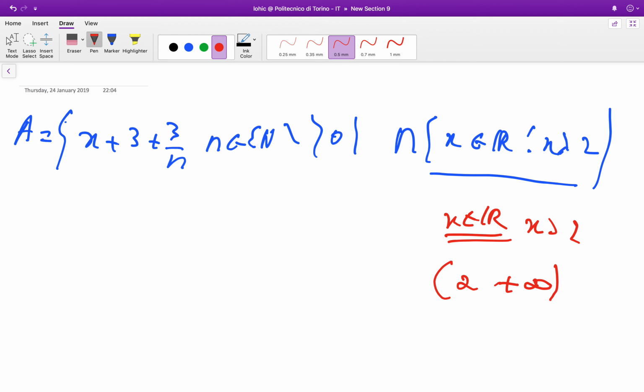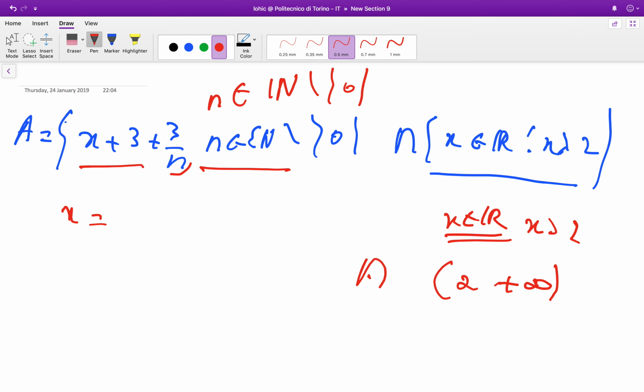Now we have an intersection with something else. Look at x equal to 3 plus 3 over n, n belonging to N except 0. The condition means that n can be any natural number except 0.